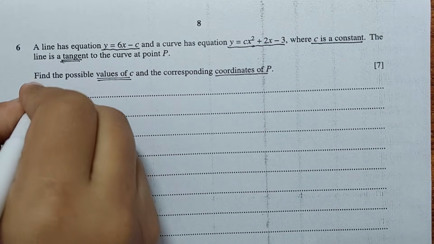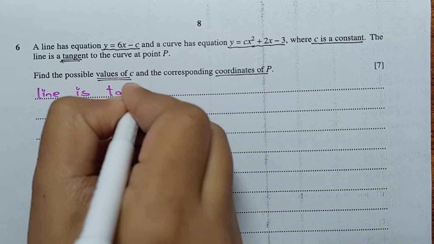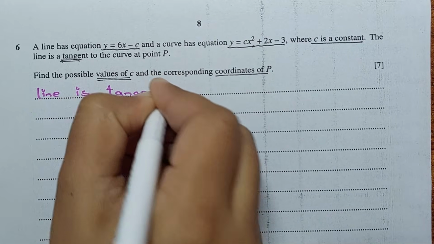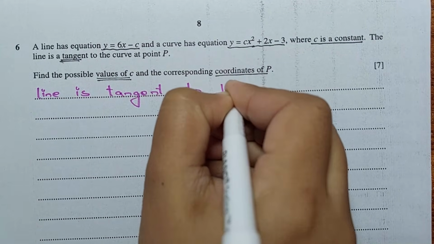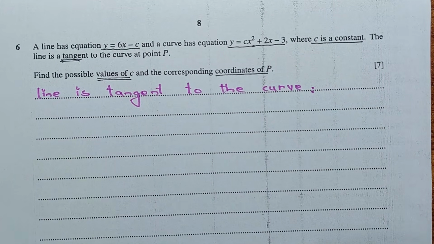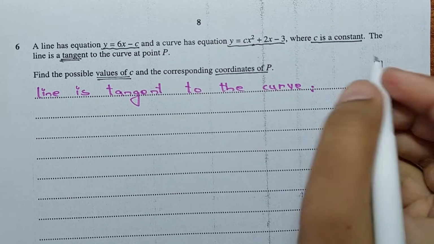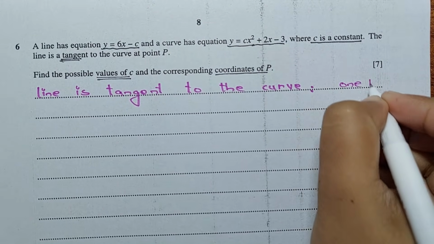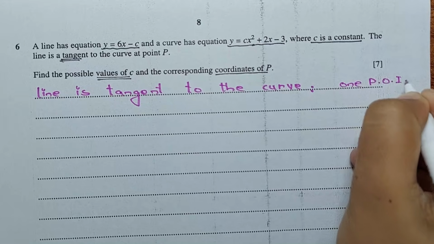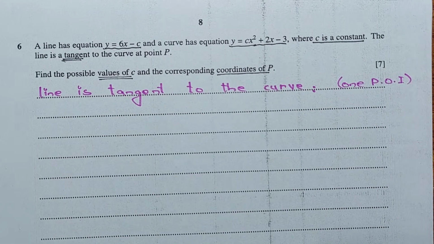Okay, the line is tangent to the curve. It means when the line is tangent to the curve, then the line touches the curve at one point. So we have one point of intersection, one solution. So the discriminant is equal to 0, right?